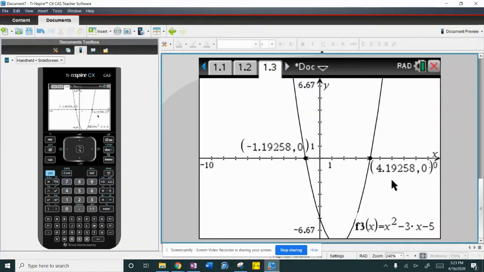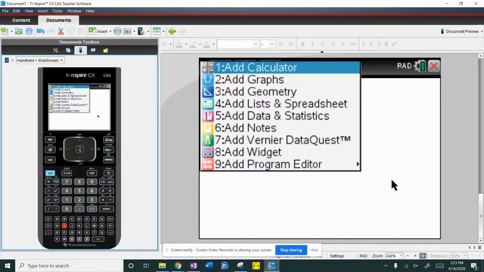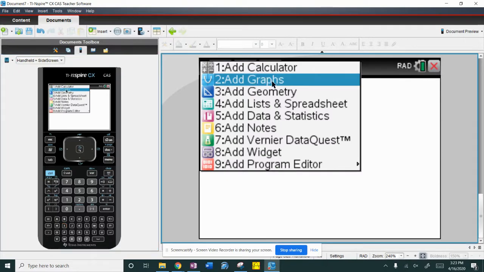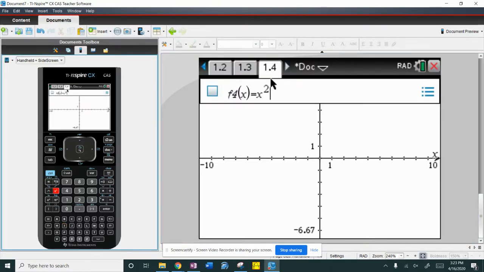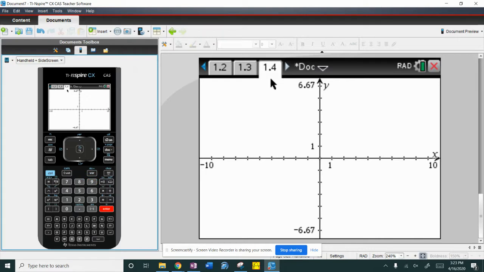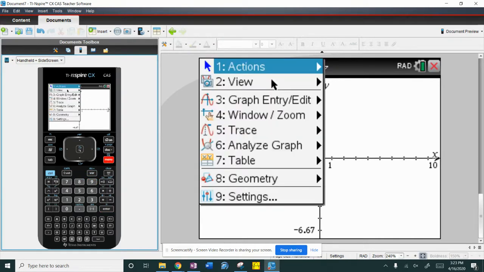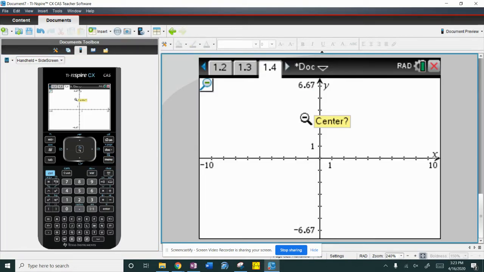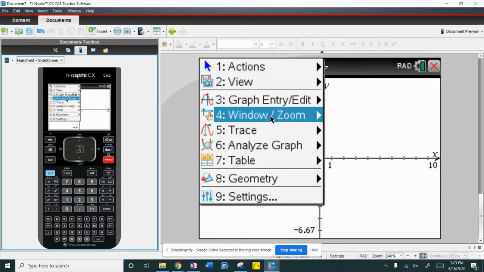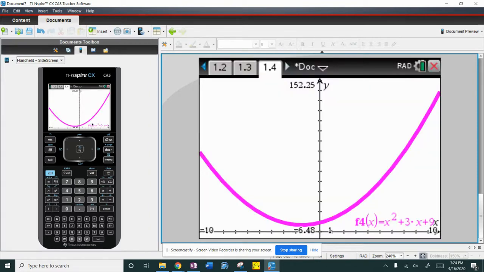So I'm going to go to my graph, and we had x squared plus 3x plus 9, and graph that. Don't see anything. Let's do a zoom fit and see if we can figure out what's going on. Not that. So menu, window, down to zoom fit.